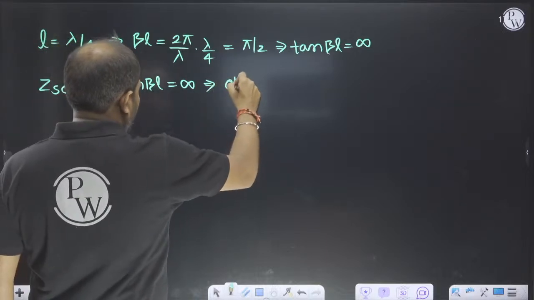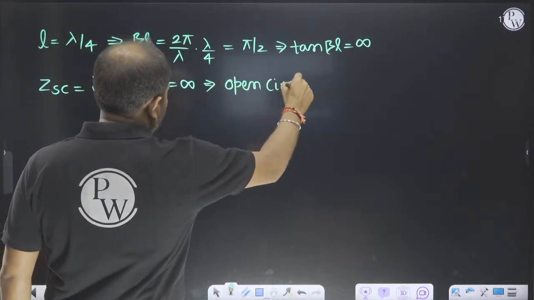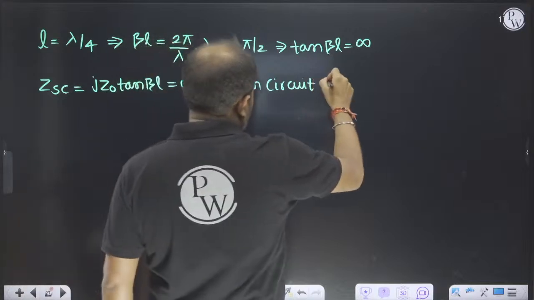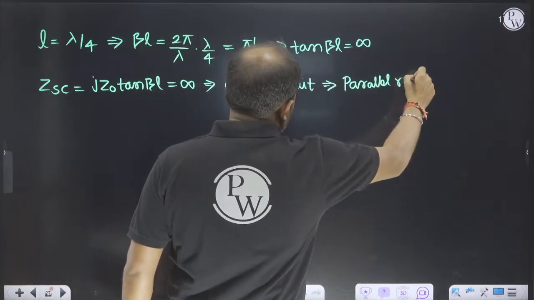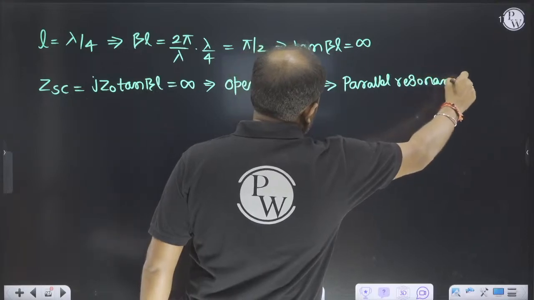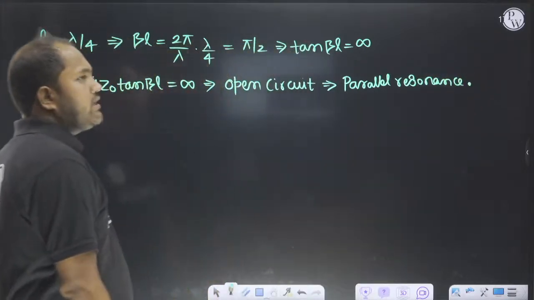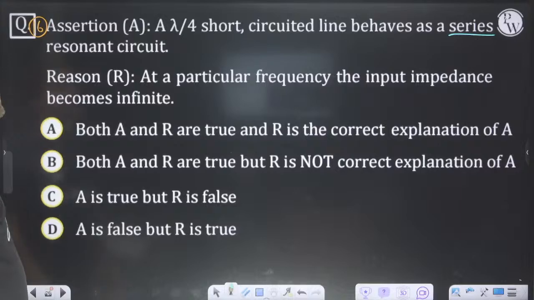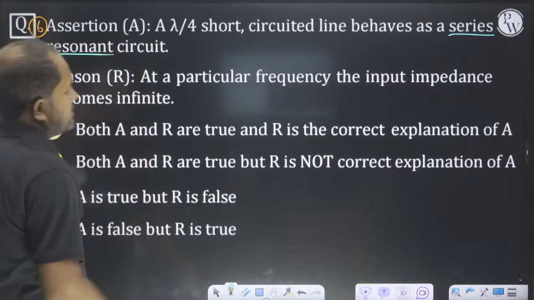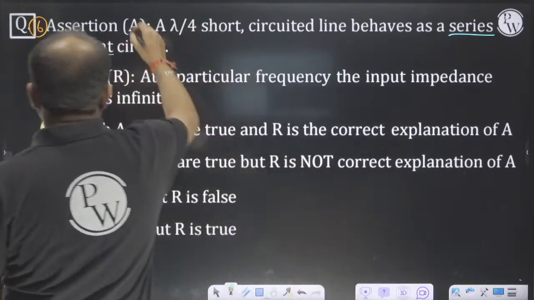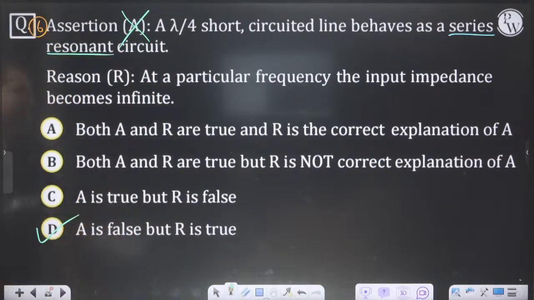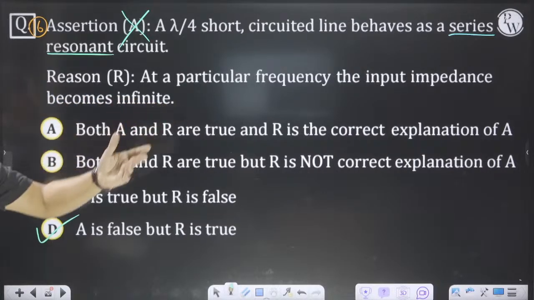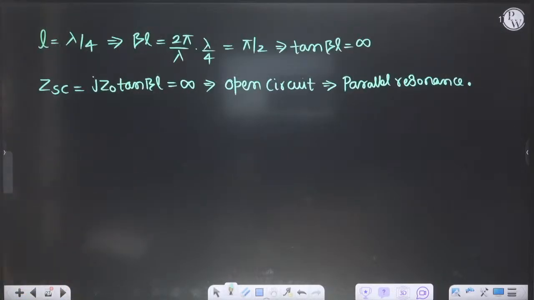Infinite means open circuit, and open circuit behaves like a parallel resonance. Short circuit behaves like a series resonance. So here it is parallel resonance, but series resonance is given. That means the assertion is wrong. If the assertion is wrong, D option is correct. And at a particular frequency it will become infinite. Yes, it is becoming infinite. You can see here.